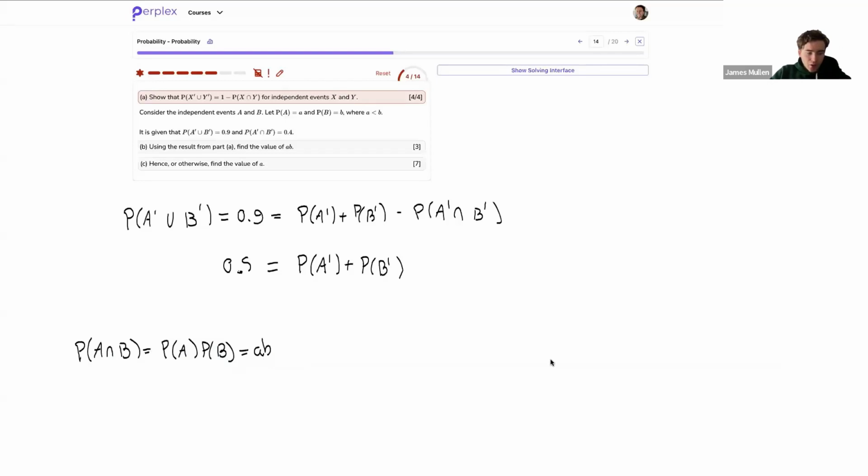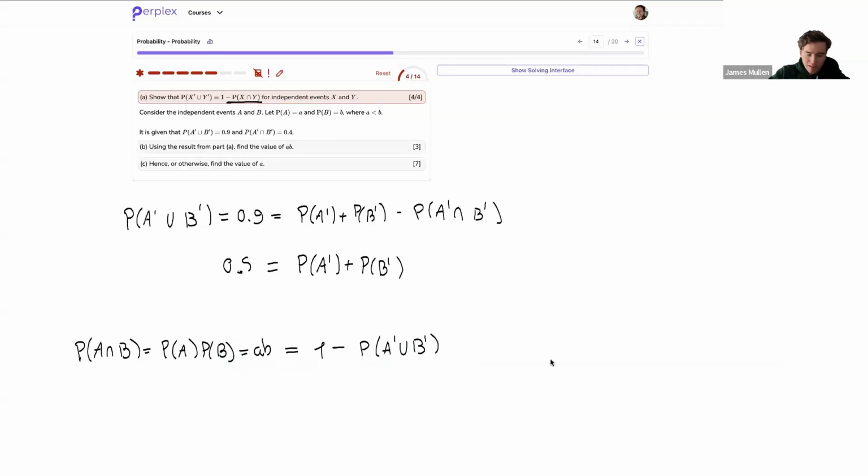Now, I can use the result from part A to say that that is the same thing as 1 minus the intersection of the opposite. So 1 minus P of A prime union B prime. That's what we found. This is the part that I'm interested in, the AB.